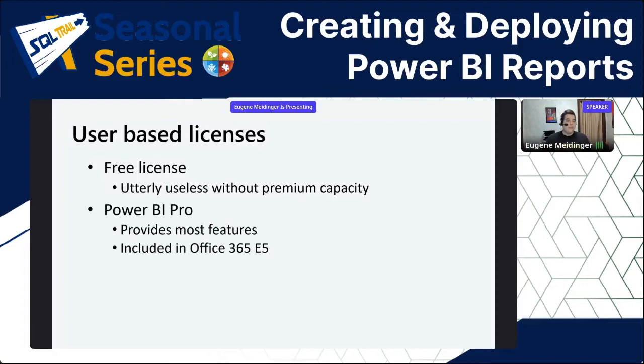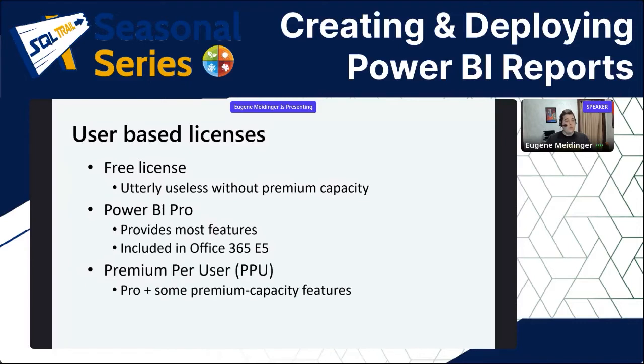The next user-based license is Power BI Pro, and this provides the majority of the features, right? So it's kind of where things started, and most of the stuff you're going to need works with Power BI Pro. It's also included in Office 365 E5.